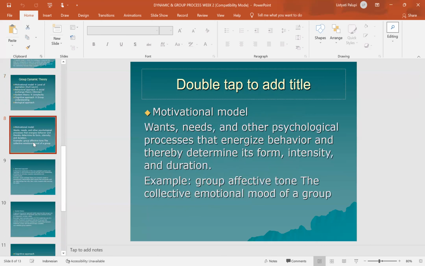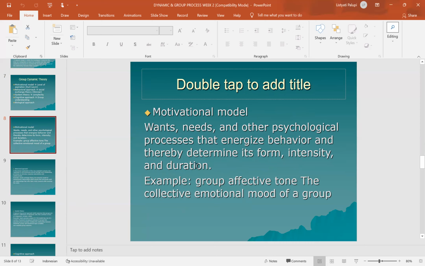The first perspective is the motivational model. According to this perspective, wants, needs, and other psychological processes energize behavior and thereby determine its form, intensity, and duration.